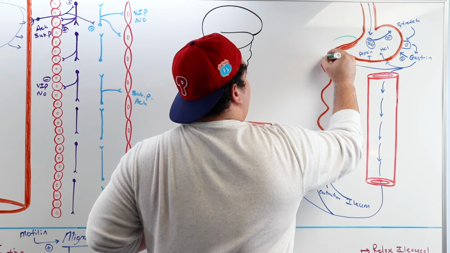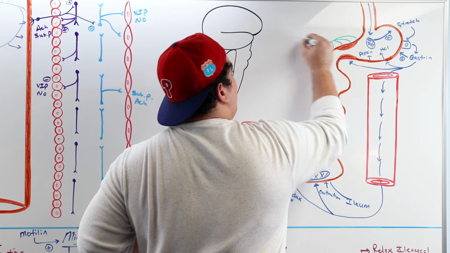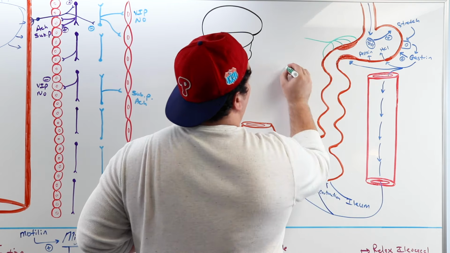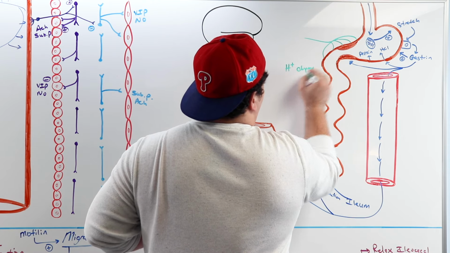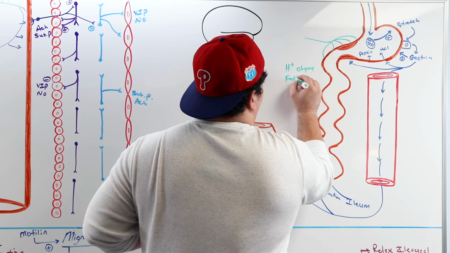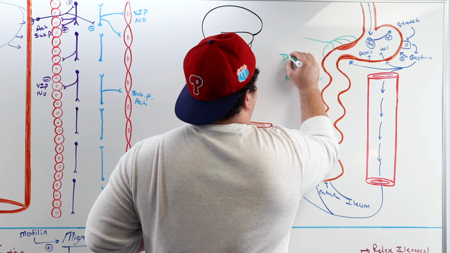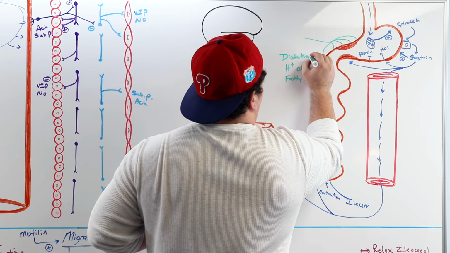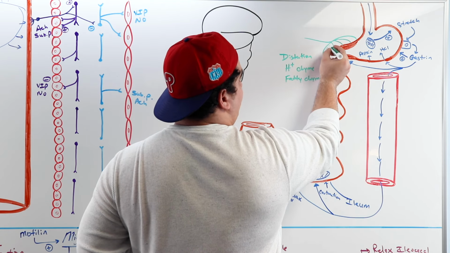Another mechanism, if you guys remember, you have these receptors, which are going to be different types of sensory receptors, right? And they can be stimulated by multiple different types of stimuli. It could be because you have acidic chyme. It could be because there's a lot of fatty chyme. It could be because there's excessive distension. A lot of these are different factors that might activate these sensory receptors.